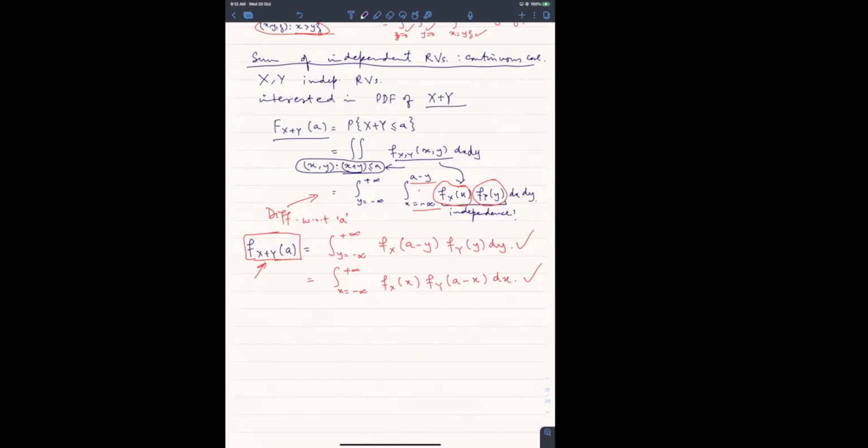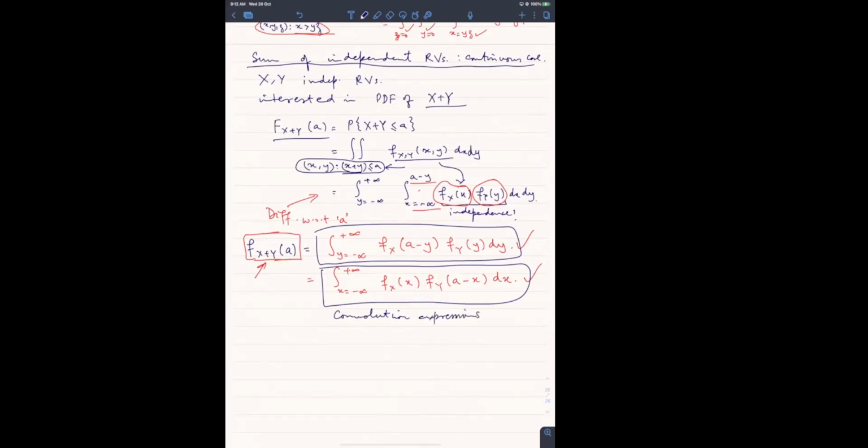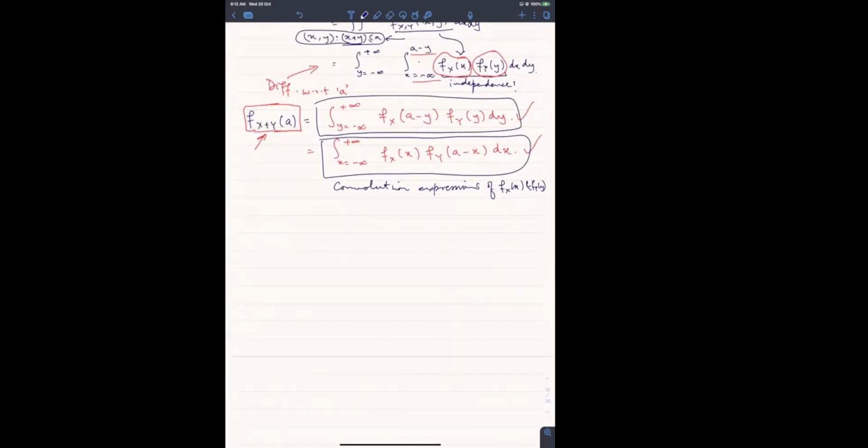And this expression here, and this expression here, these are called the convolution expressions of fx and fy. PDF of x and PDF of y, उनके दरमियान हमने ये convolution किया, and there is an example of that.